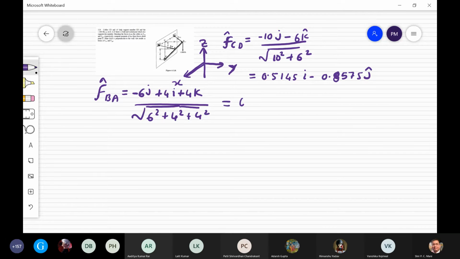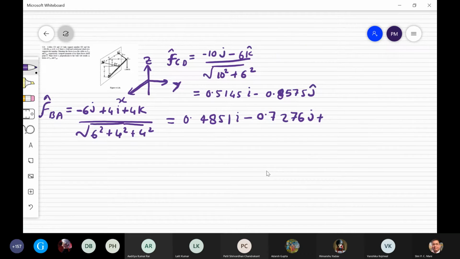So we are getting 0.4851 i, 0.7276 j plus 0.4851 k.